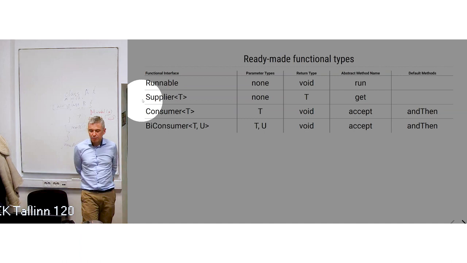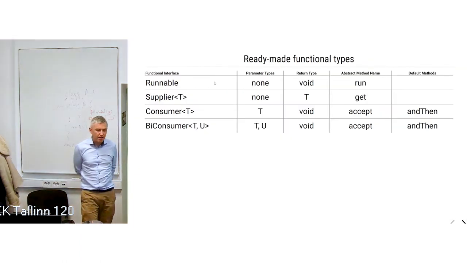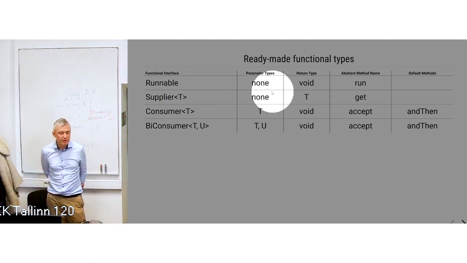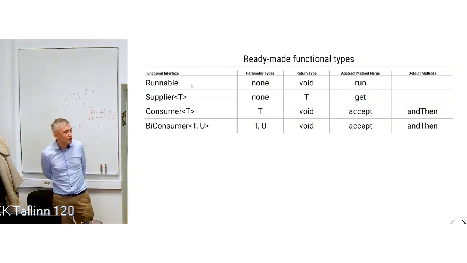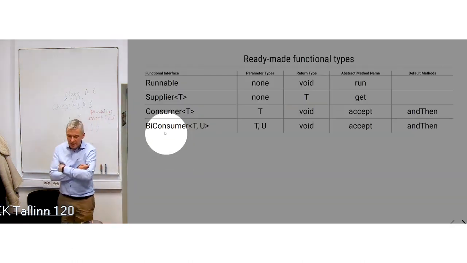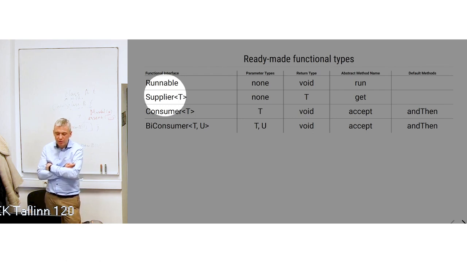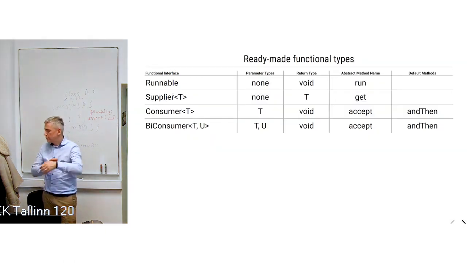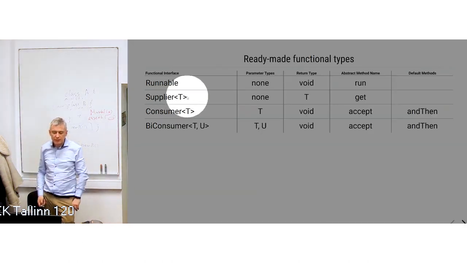Supplier. Supplier is a function that doesn't have any parameters, but it returns something. And due to generics, hopefully you all know what generics are from our previous class, this is a really generic interface, so it can be a supplier of anything, of strings, of integers, of your own types, however complicated your stuff is, you just can pass it as a type parameter.